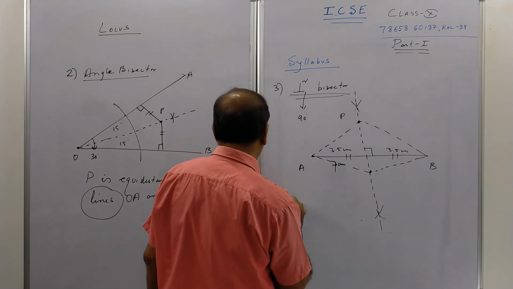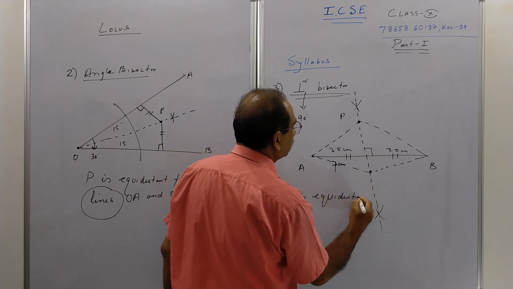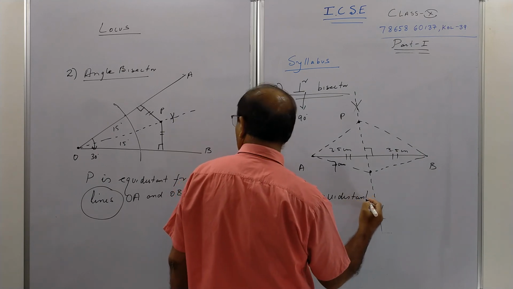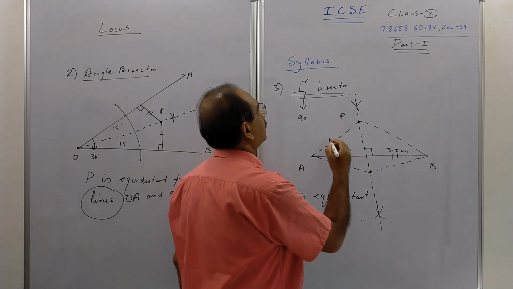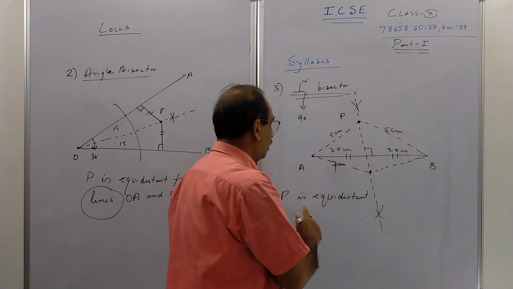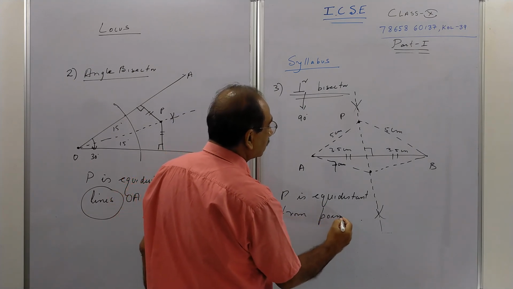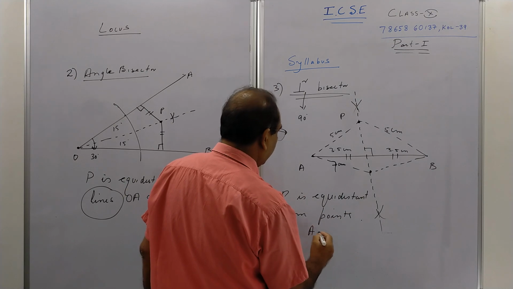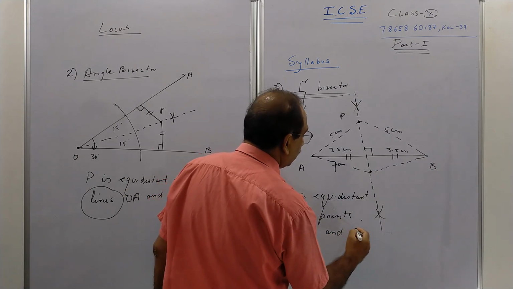P is equidistant, meaning equal distance. This can be, suppose, 5 centimeter, and this is also 5 centimeter. P is equidistant from points A and B. See the difference over here.